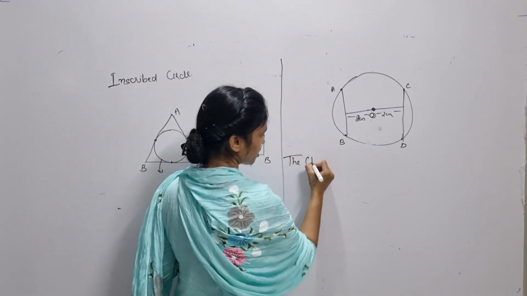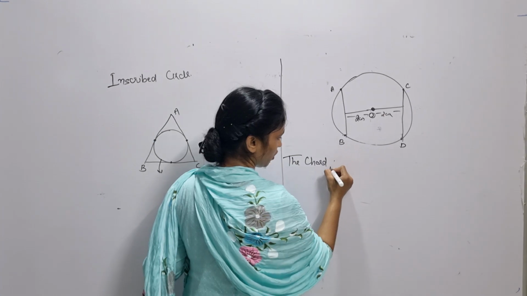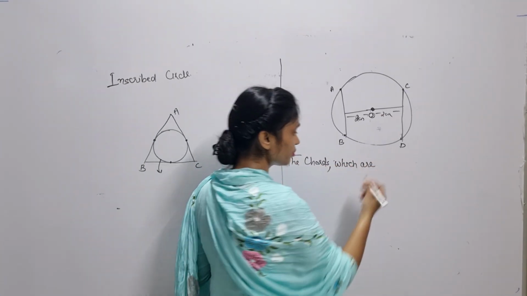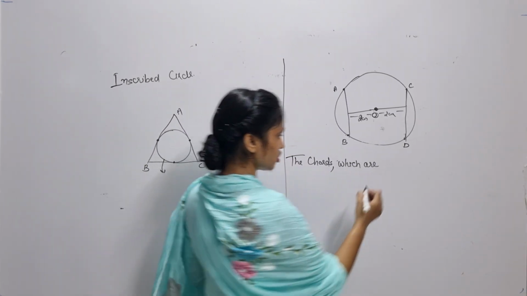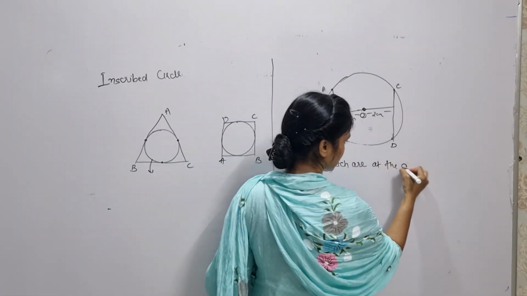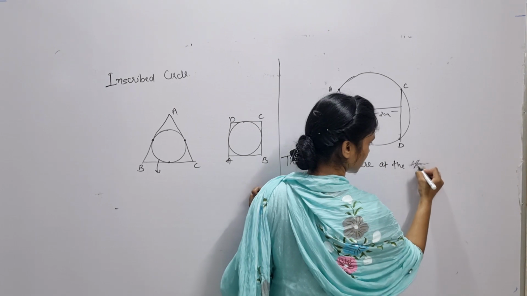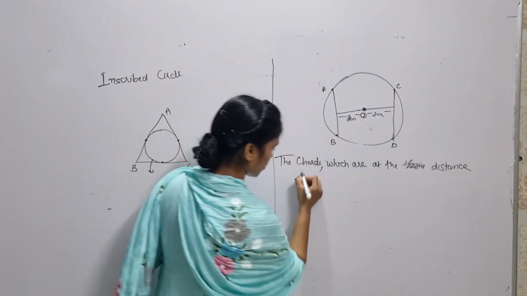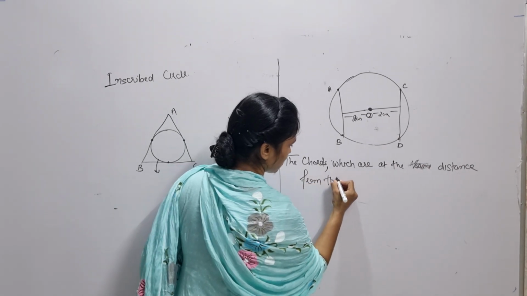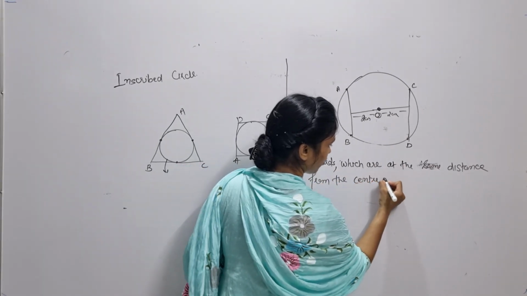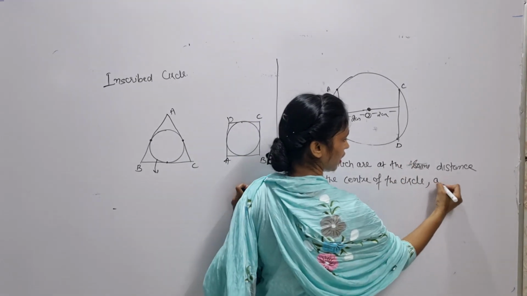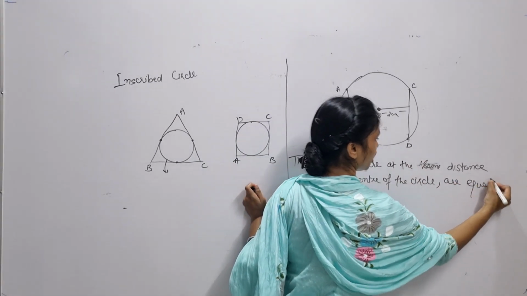The chords which are equidistant, meaning at the same distance from the center of the circle, are equal.